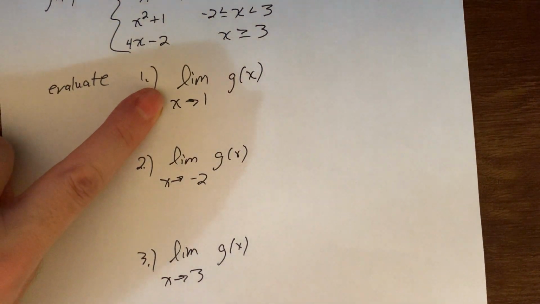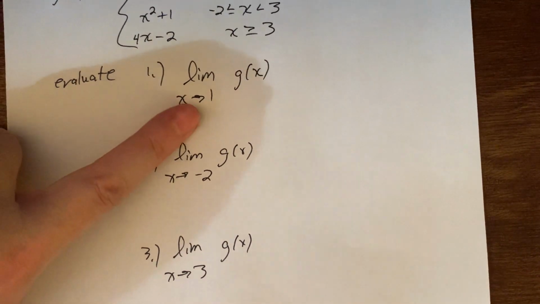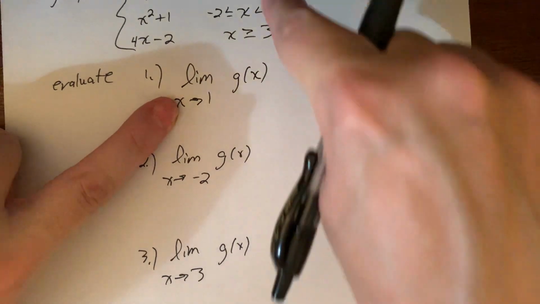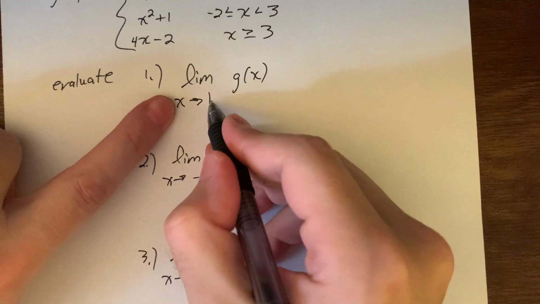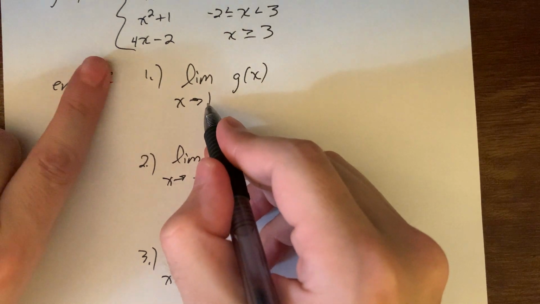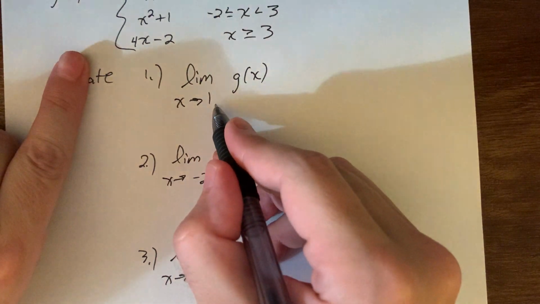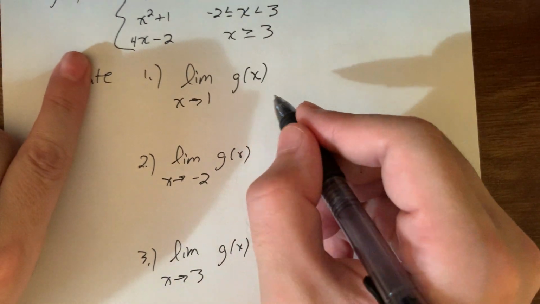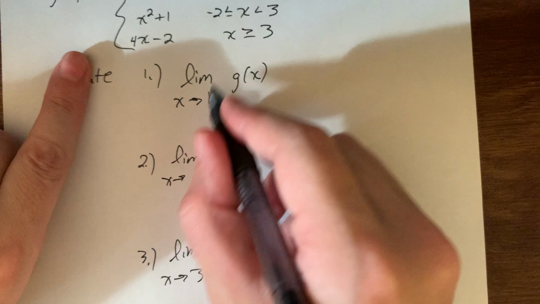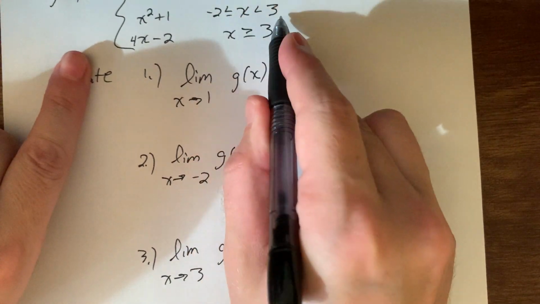For the first one, every time we deal with a piecewise function, not just this x but the x's around it, which category do we fall into? Here, x approaches 1, everything from the left, 0.7, 0.8, 0.9, from the right, 1.2, 1.1, 1.01, any x value that approaches 1 is between -2 and 3.